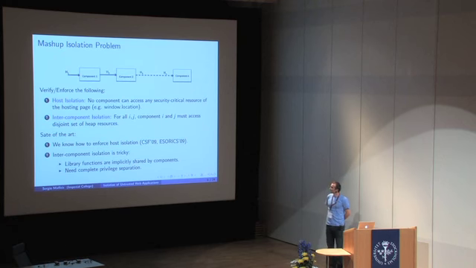But what we found is that it is pretty difficult to do intercomponent isolation, even using those techniques. In particular, there are library functions, that is, functions provided by the host, that may provide covert channels of interaction between components. And we need to be able to separate the privilege that each component has.